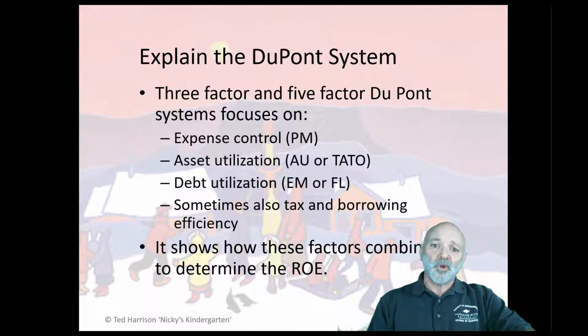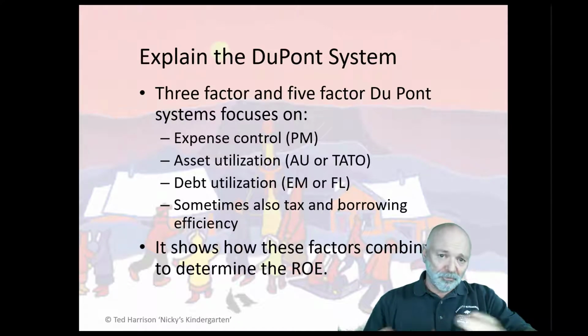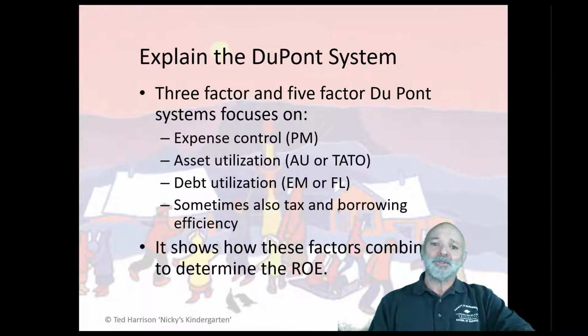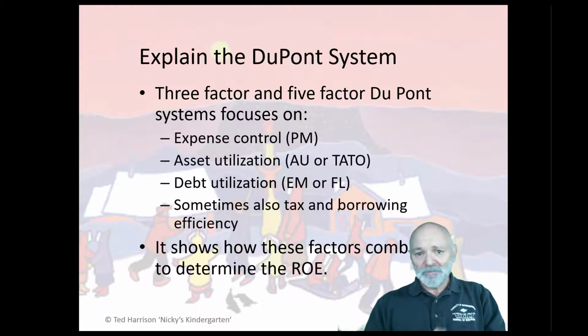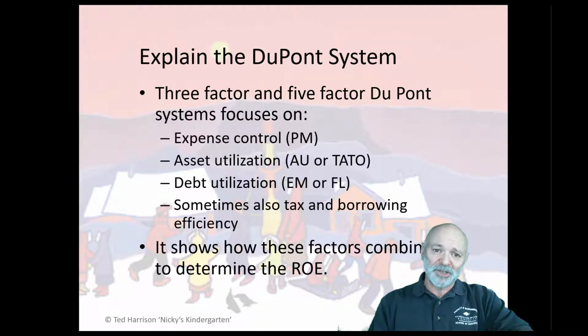Net income, of course, is made up of parts. Our net income comes from our profit margin, but profit margin for most companies, for most products, is actually turned over several times during a year. If you're in the fashion business, perhaps you earn your profit margin 3 or 4 times a year, once in each of the fashion seasons where you buy inventory, you sell it, you move on to the next fashion season.